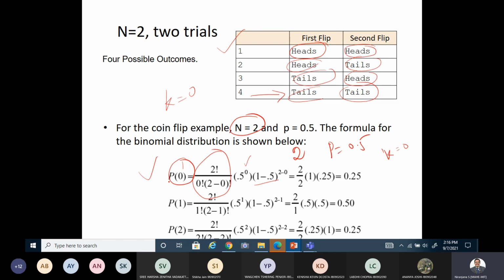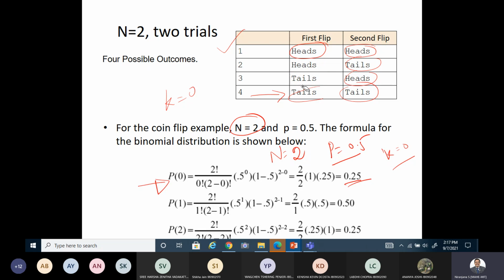You estimate P of K. That is now 0.25. Does anyone have clarification here on how it is calculated? P of 0, N as 2, K as 0, probability of 0.5, with which you can estimate this value.